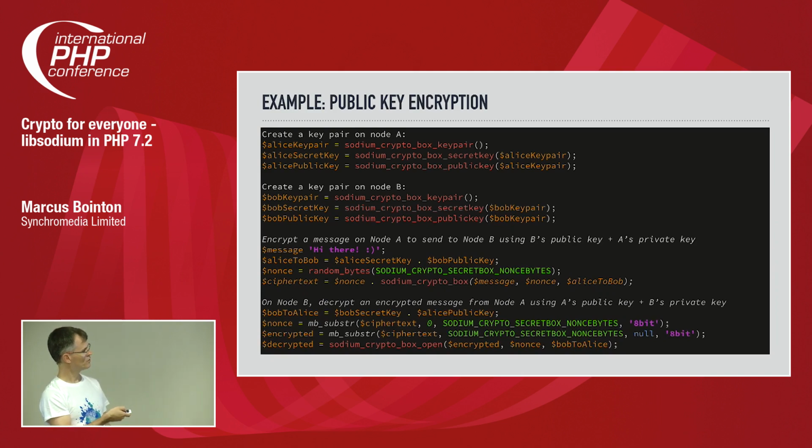And here we do kind of the mirror image. We take our own secret key, which is the flip side of the public key here, and then we take node A's public key, which is the flip side of this key. So there's a nice little crossover of those two there. And we pass them into here. We need to extract the nonce, which we tacked on the front here, and we knew how big it was.